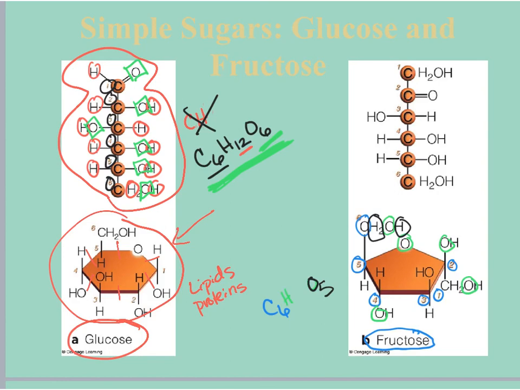Hang in there with me. C6H12O5. Is that right? 1, 2, 3, 4, 5, 6. I'm wrong. C6H12O6. So my point here is that the molecular formulas between glucose and fructose are the same, but the arrangement of the atoms in the molecule is different.